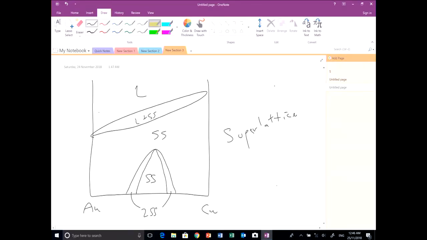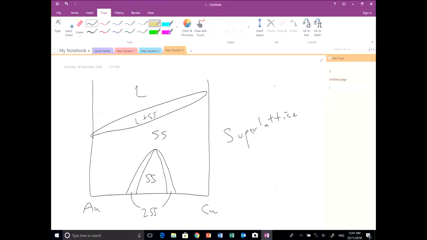That's the superlattice. So there's ordering within the lattice. And there's three different ways to order them depending on the composition. So it's a lattice within a lattice. Forms usually upon heat treatment, and you can imagine what that would do to the properties. Now you've got something totally different from your average solid solution.